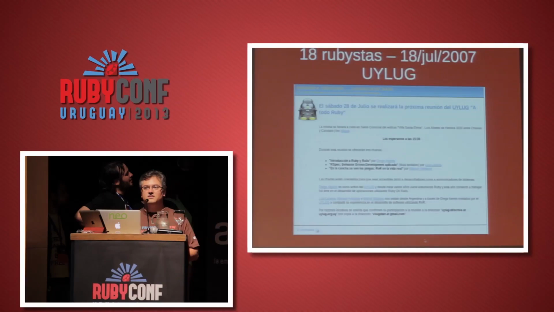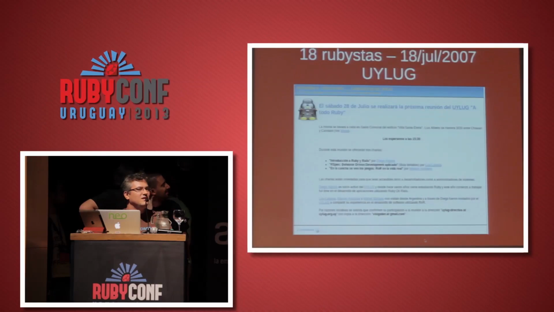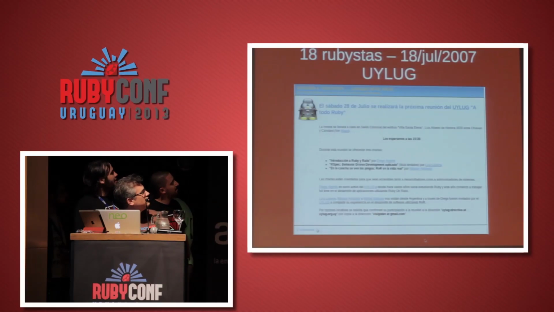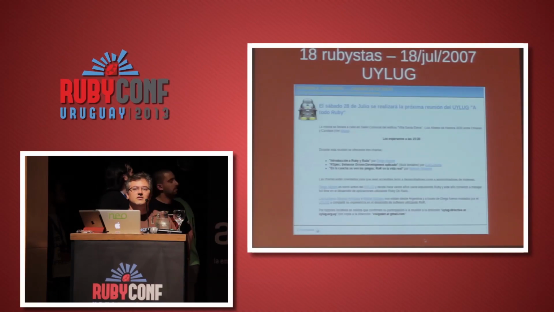Then in Uruguay, trying to go on, and with the help of the UILOG, we organized a couple of talks. I found no picture of the crowd there, but this was the announcement to start speaking about Ruby. And what I did to get more speakers, I imported a couple of Argentinians that I had met at that other meeting. So Luis Lavena came, Manuel Astarán, and Michel Martens, who spoke today.